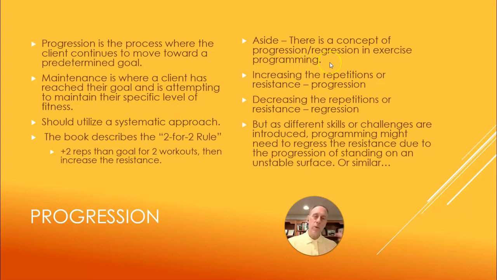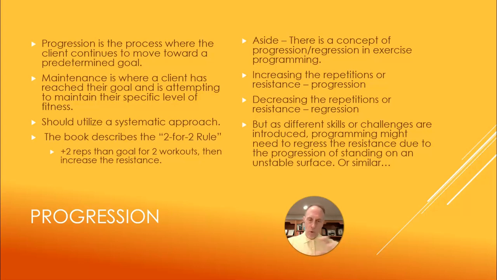When you look at progression regression, and I use this quite regularly, if you're increasing the repetitions or increasing the amount of resistance, that's a progression. If you're decreasing the repetitions or decreasing the resistance, that would be a regression. But as you start to incorporate different skills and challenges, perhaps you're asking them to do a dumbbell bench press while laying on a physio ball or standing on a BOSU doing a bicep curl, it could be any number of different things.